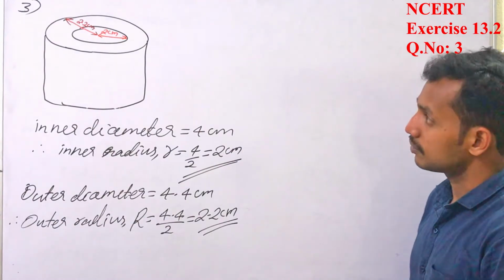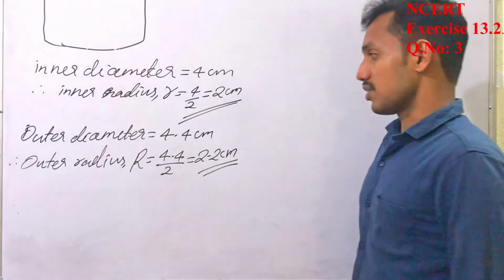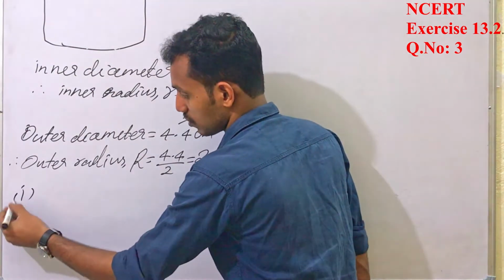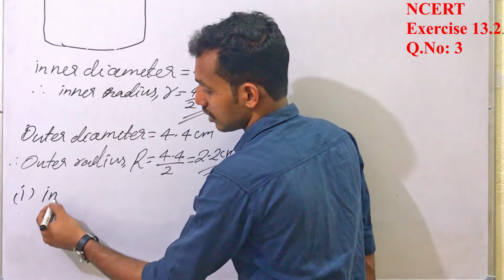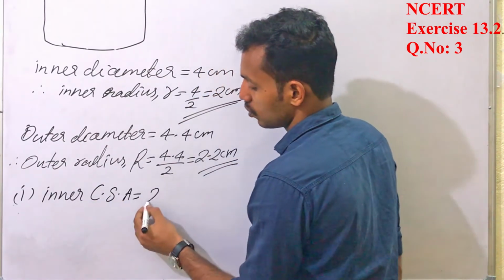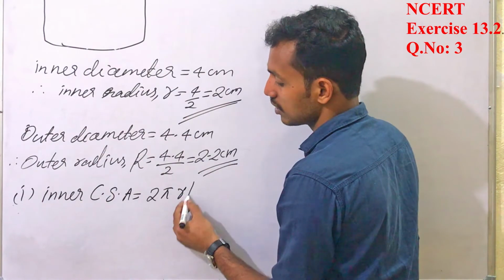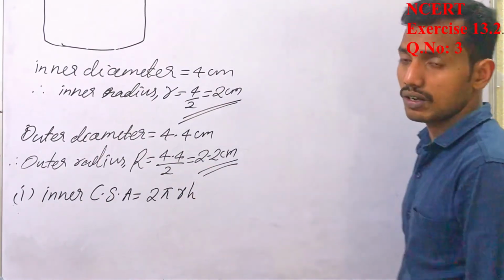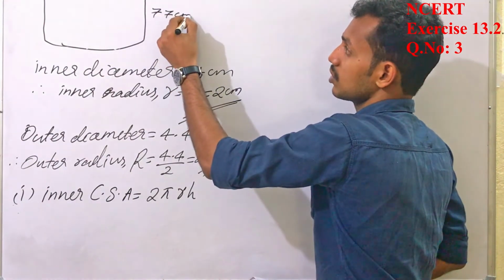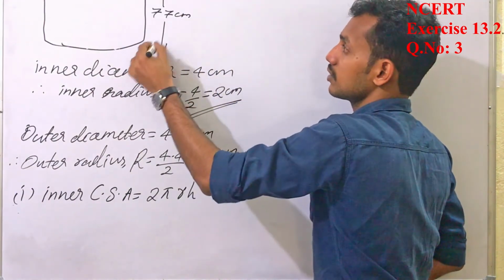Clear? Then find its inner curved surface area. That is the first option. Inner curved surface area is equal to 2 pi into inner radius into height. Height is the same. What is the height of this pipe? 77 centimeter long. That is the height.